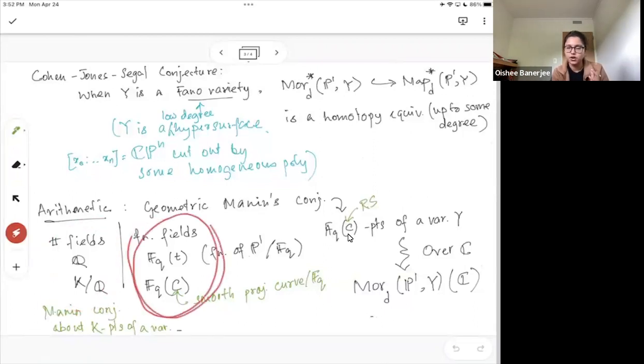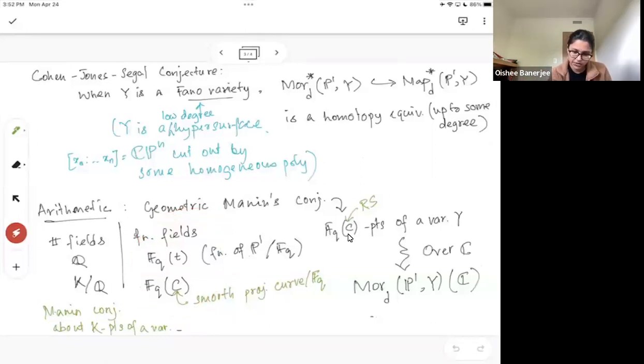Function fields are more what we are going to be concerned with, and more specifically, we want to consider curves over any fields whatsoever, so that we can talk about complex numbers or finite fields on equal footing.